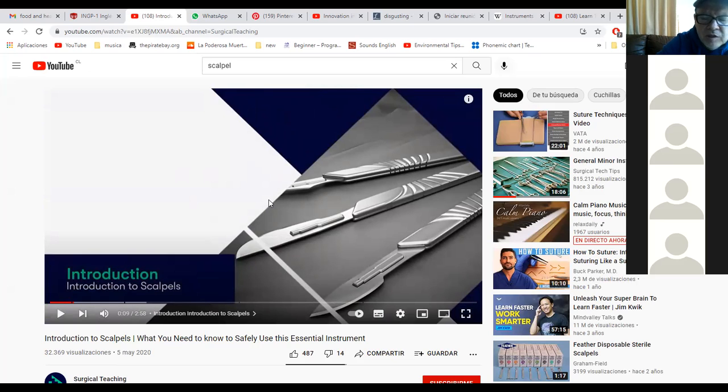And in Spanish, you say escalpelos or bisturís, you know? And they are knives, you know? They're used to cut and to make incisions, to open up the tissues and to be able to perform the surgery. So surgical instruments. And the other one is the hemostat.